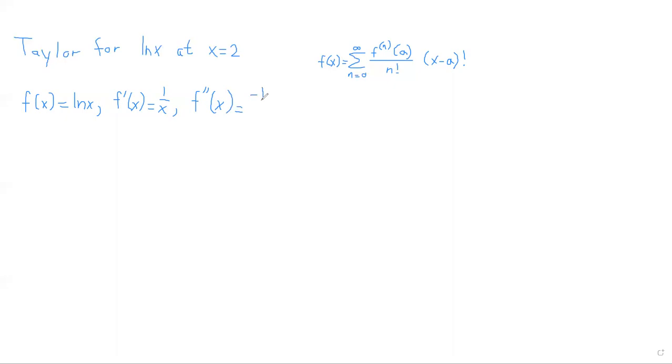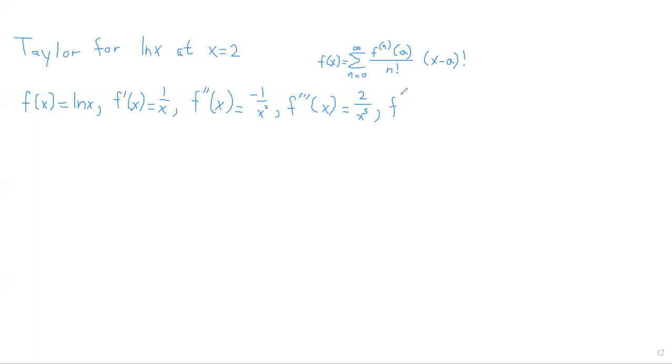I'm going to do about 4 to 6. Use your judgment about how many derivatives you want to use, as long as you have enough to give you a pattern that you can establish a series representation from. f triple prime of x is 2 over x cubed. In case you're wondering how I'm doing this so fast, I already did this ahead of time.